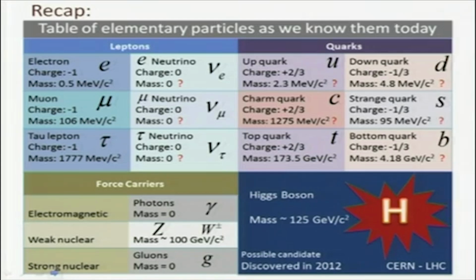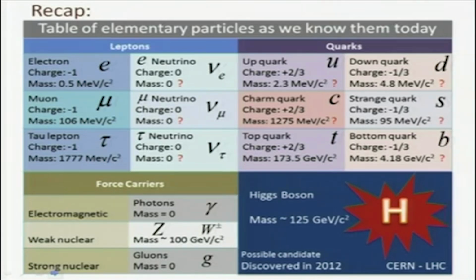They are called force carriers, or we will see later on that they are also called the gauge bosons corresponding to the particular interaction. So, for example, electromagnetic interaction is carried through the exchange of photons, and so photons are called the force carriers or the gauge bosons corresponding to the electromagnetic interactions.